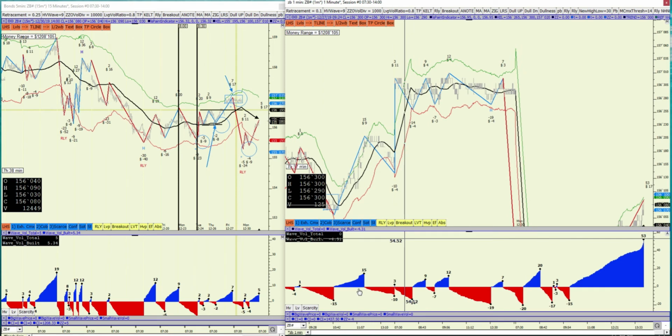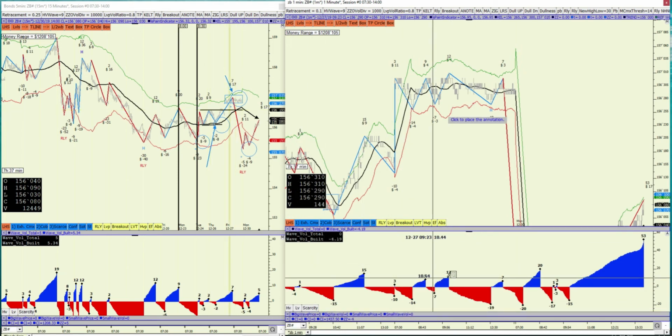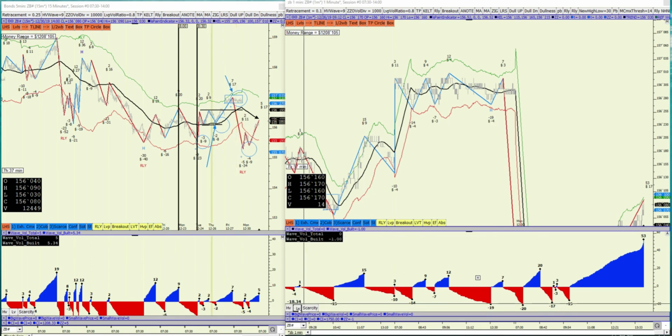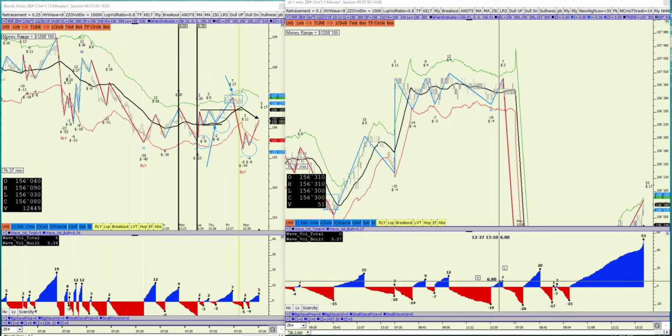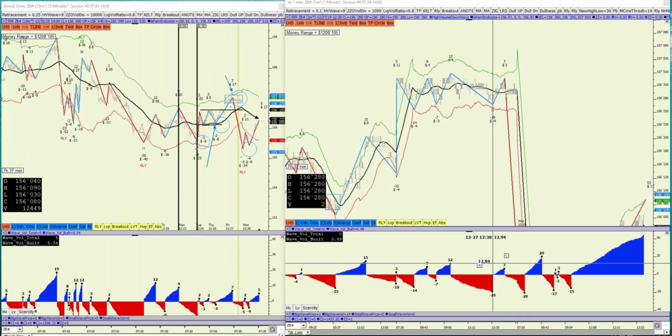So we notice that high volume down, low volume up. Compare it relatively. It's less than 1/3, right? No, it's less than 1/2, about 1/3.